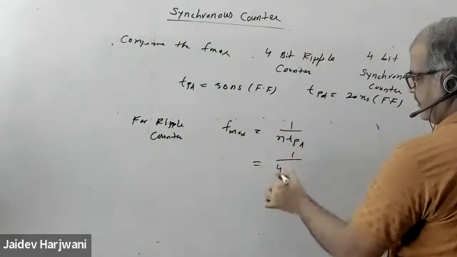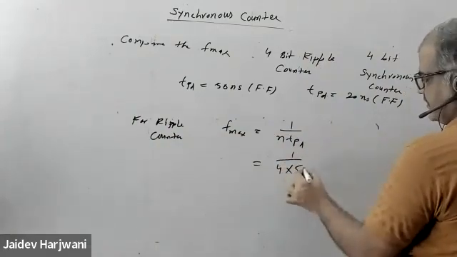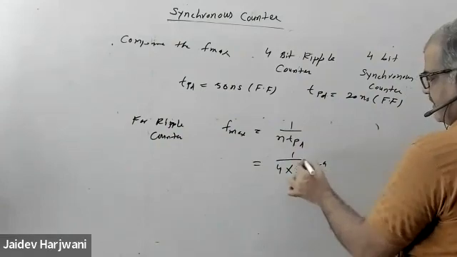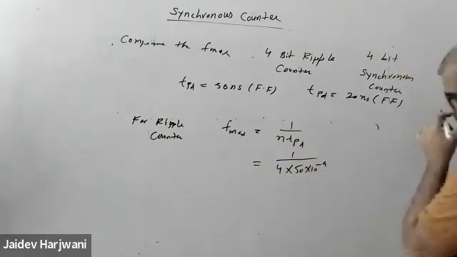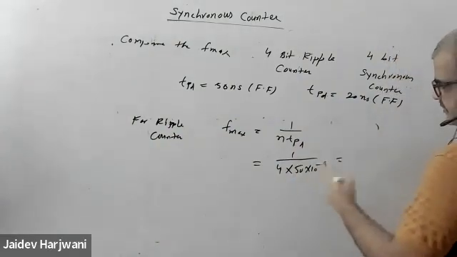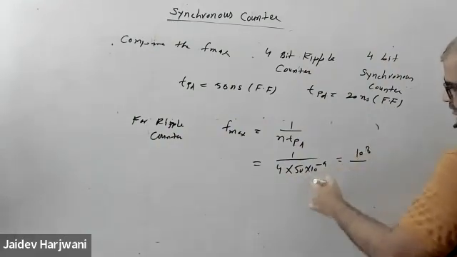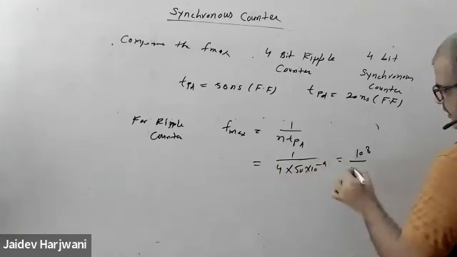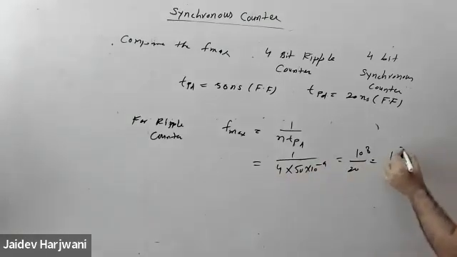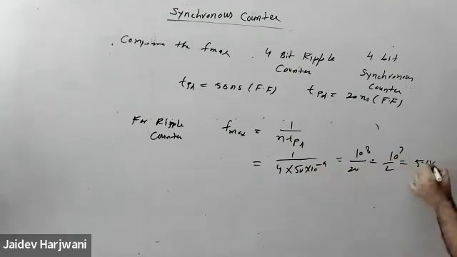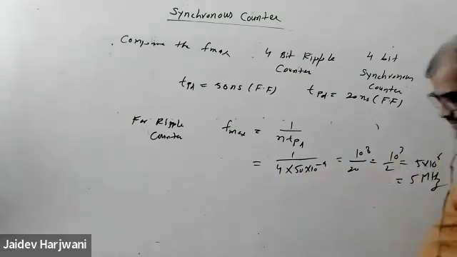This will be 4 into 50 nanoseconds, 10 to the power minus 9. So this becomes 10 to the power 9 upon 200, or 10 to the power 7 upon 2. So 5 into 10 to the power 6, 5 megahertz for the ripple counter.